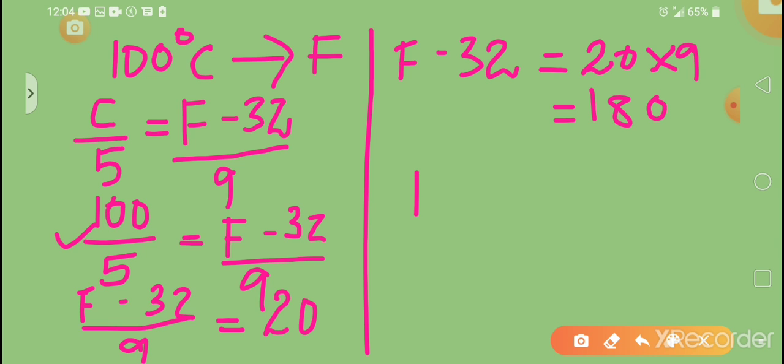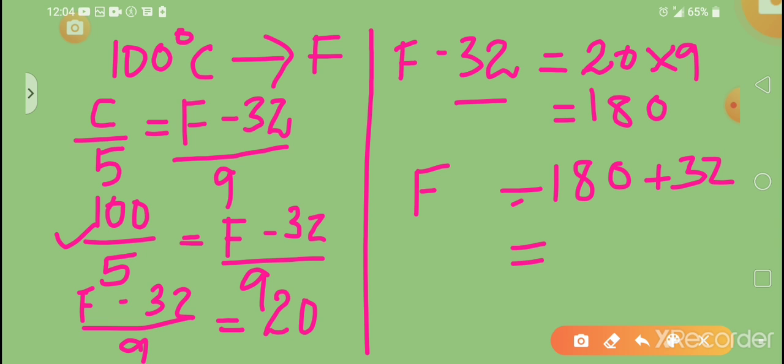Okay, so F we can keep here. So here, this minus 32 we can take to this side, it will become plus. So now we add these two numbers together, we will get 212 Fahrenheit.